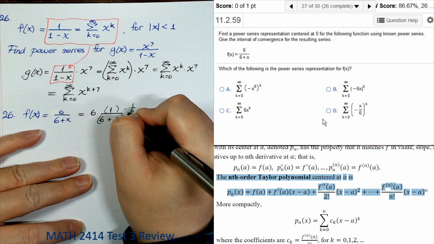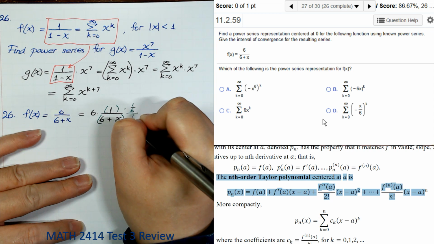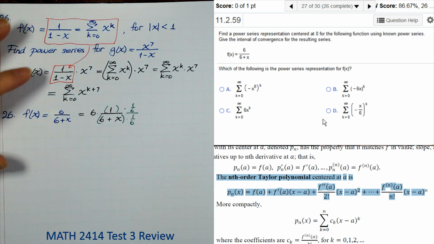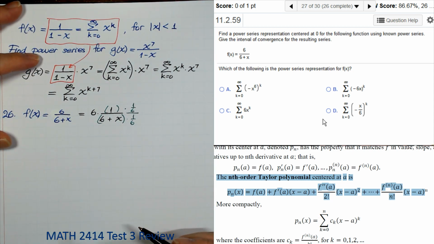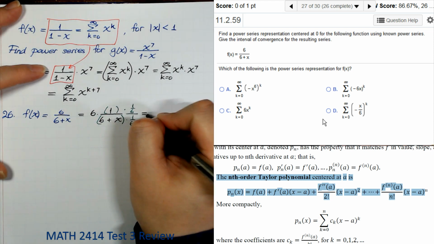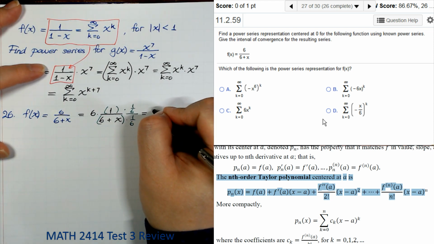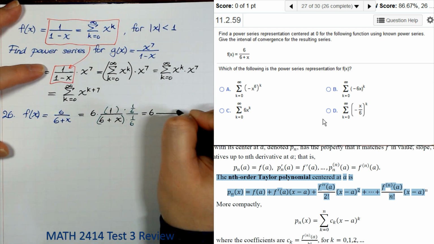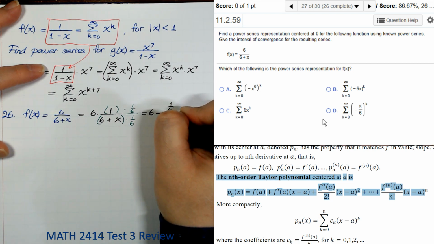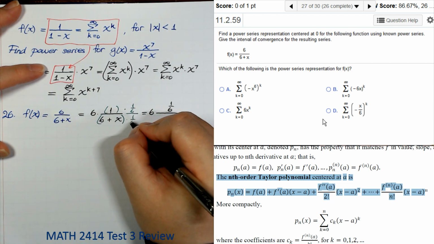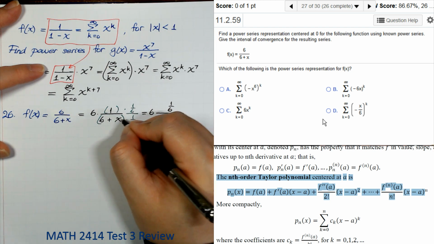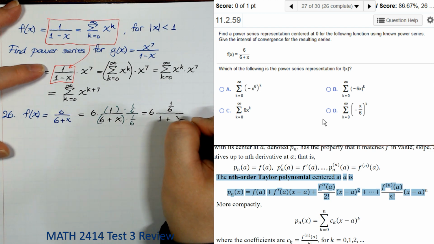How about multiply 1 over 6 on the top, 1 over 6 at the bottom. Actually, that's a much longer way to do, but anyway, 1 over 6, 6 times 1 over 6 is 1, times that is x over 6.